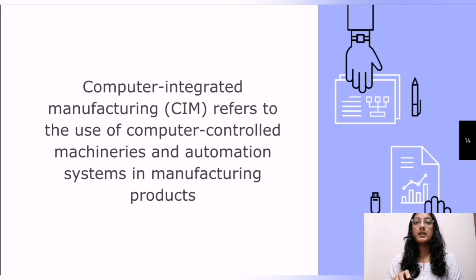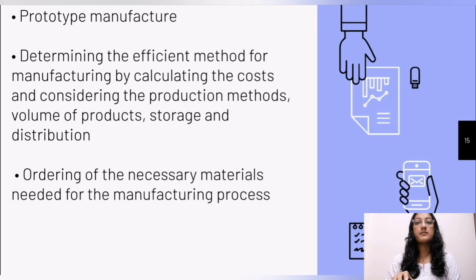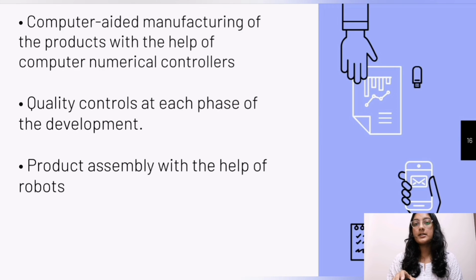About computer integrated manufacturing: it determines the efficient method for manufacturing by calculating the cost and then considering the optimum production method based on the volume of products, the storage, and the distribution that is required. Then the computer aided manufacturing of products is done with the help of a lot of coding or numerical controllers or various scientific methods.